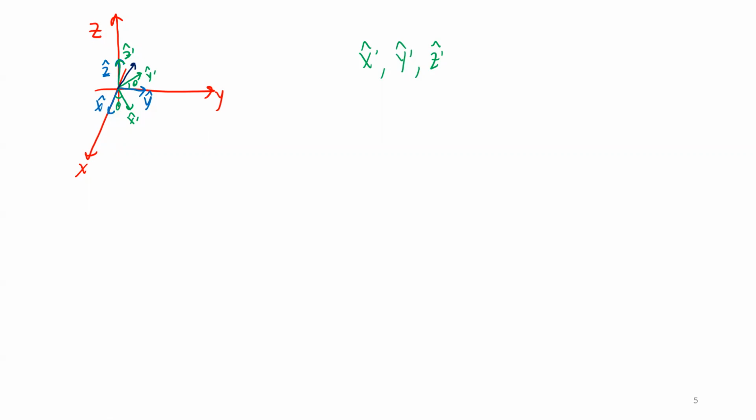Now, suppose I just give you three vectors in three-dimensional space and ask whether they form an orthonormal set or not. What you need to do, as I said, is check whether each of the vectors has length 1, and then take the dot products of the different vectors to see whether they give you 0.